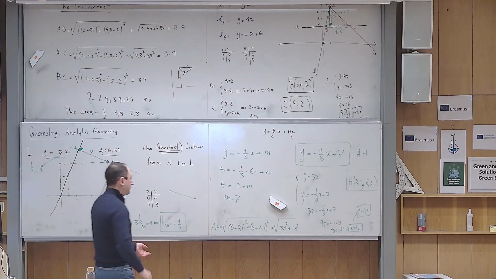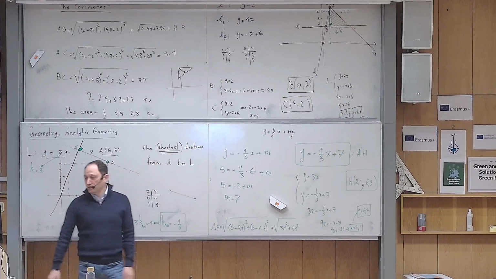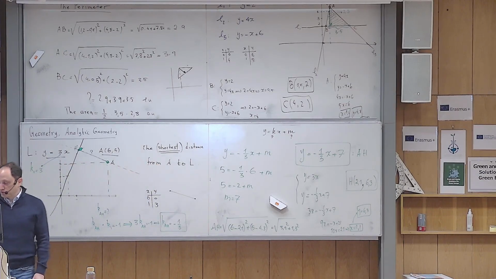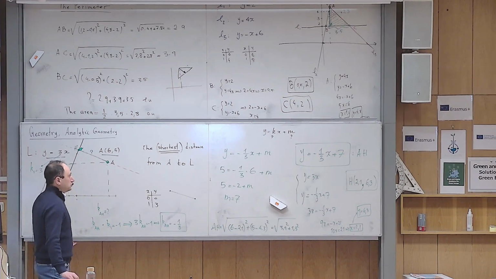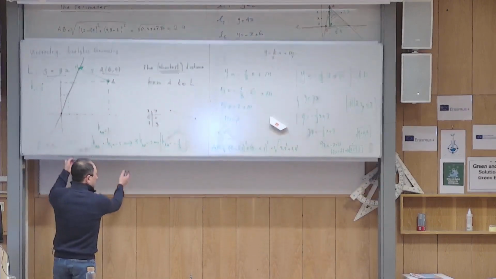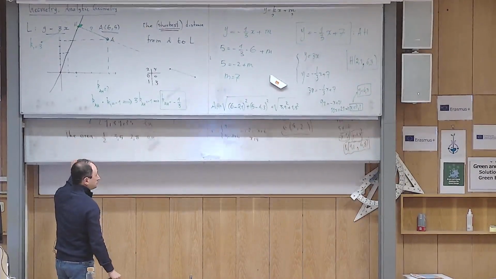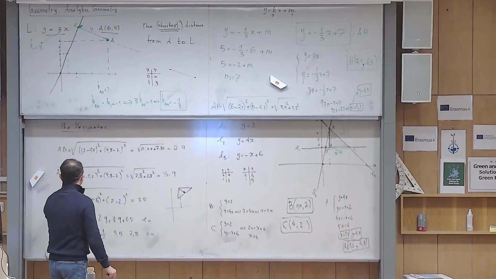Okay? First let me know if you are confused or you don't understand one part of it. Is there something that we don't understand? So let me review the method.